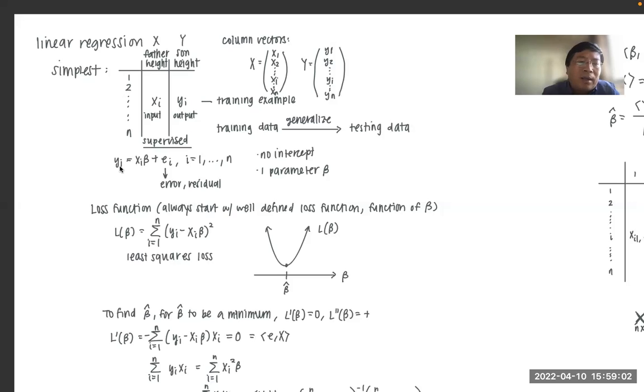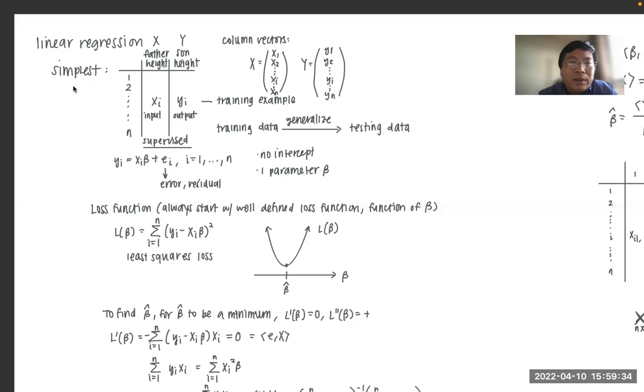But in any case, let's still start from this linear model. And why we call this the simplest regression model, because we don't even include the intercept, right? Otherwise, you have to add another column of ones, and then you have this beta 0 plus xi beta 1, right, as your model. So for simple regression, we assume that we have one input variable and one output variable, but we also have an intercept term.